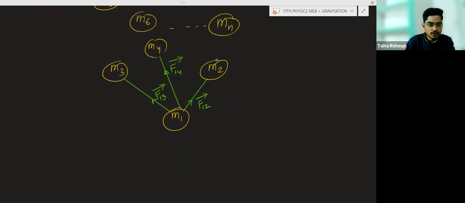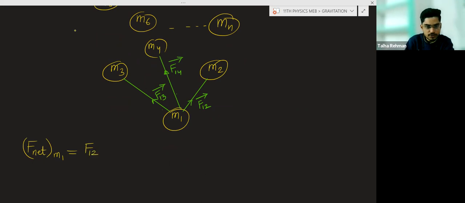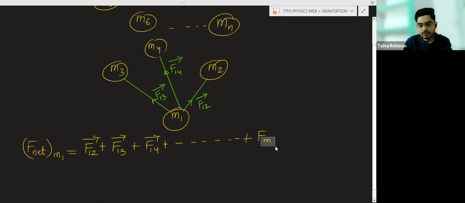So for calculating the net force on mass m1, you will do the vector summation: force on mass m1 due to mass 2 plus force on mass m1 due to mass 3 plus force on mass m1 due to mass 4, and so on, up to force on mass 1 due to the nth mass.